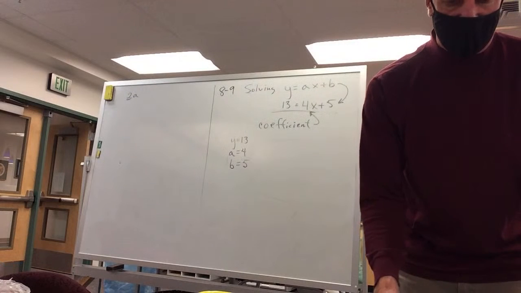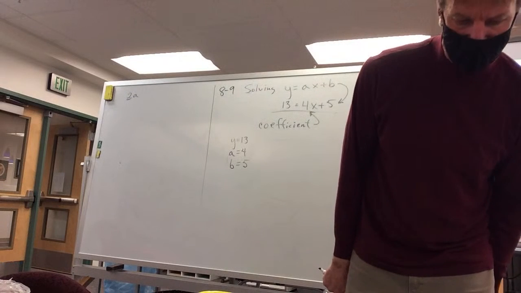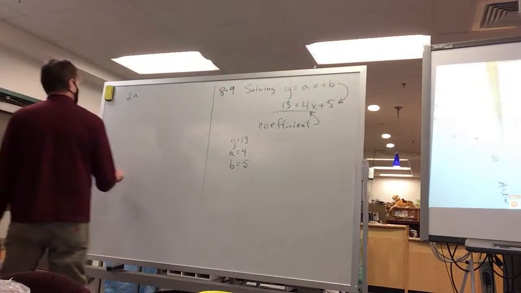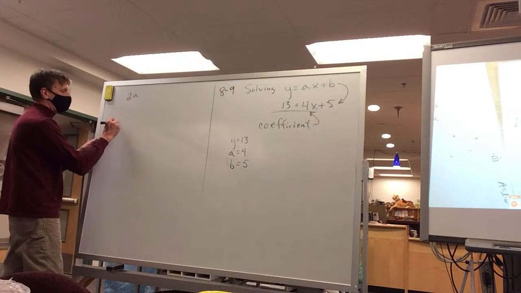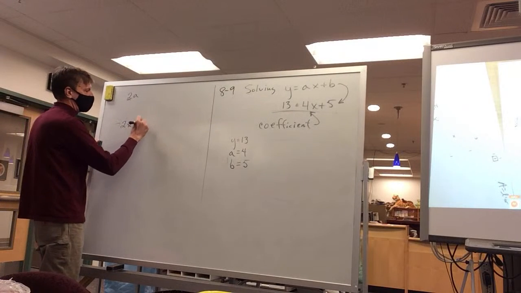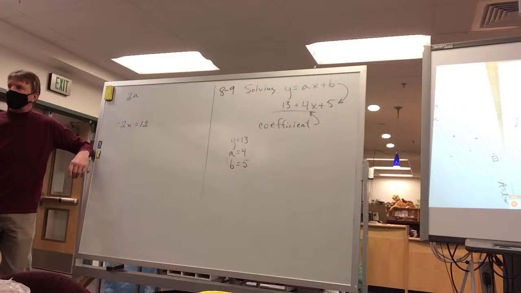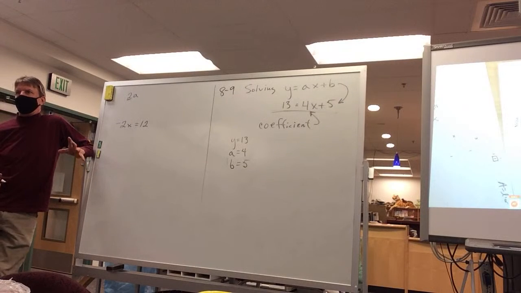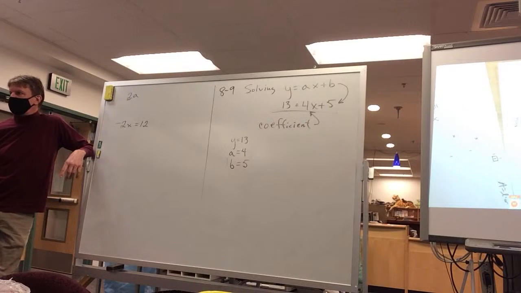So I want to throw one more out in front of you, okay? Maybe even 2. Let's say we had a problem like this: negative 2x is equal to 12. There's not a b value, it's just x and then its coefficient.